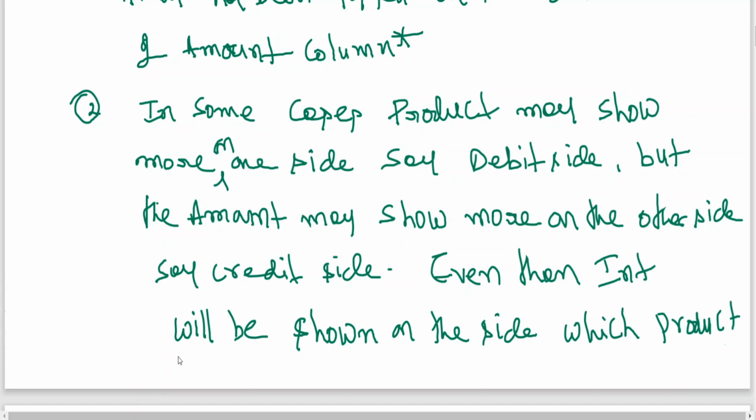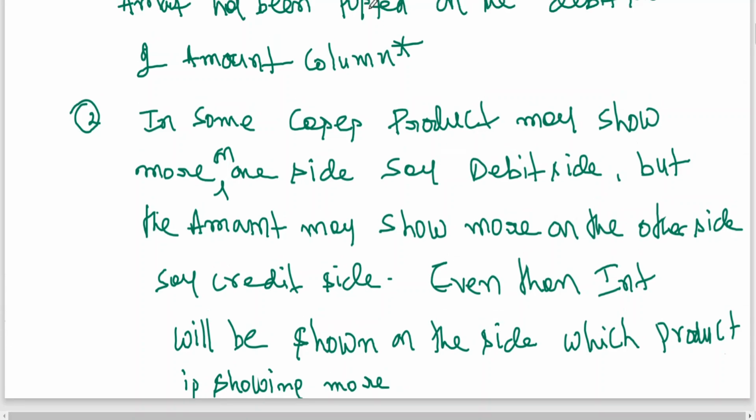Even then, interest will be shown on the side which product is showing more. Get it, all of you? Final conclusion: interest will be posted on the basis of product, without considering the side where the amount is showing more.